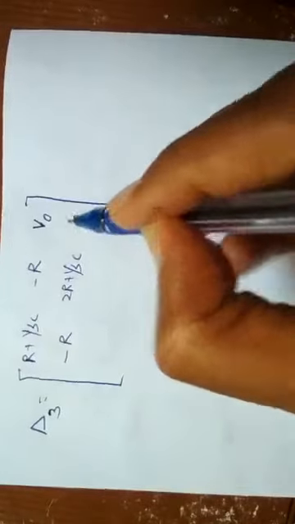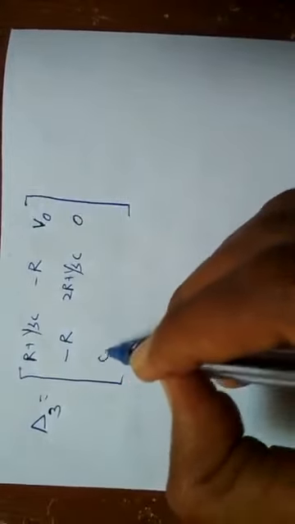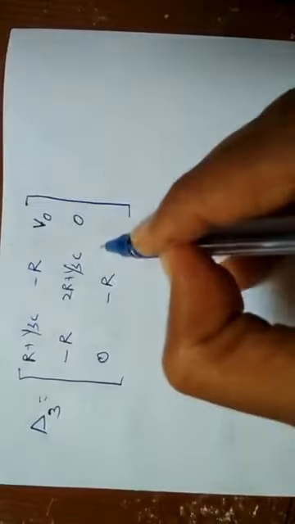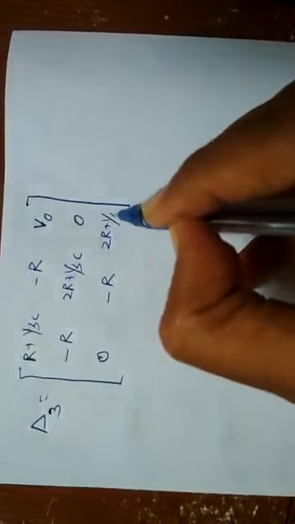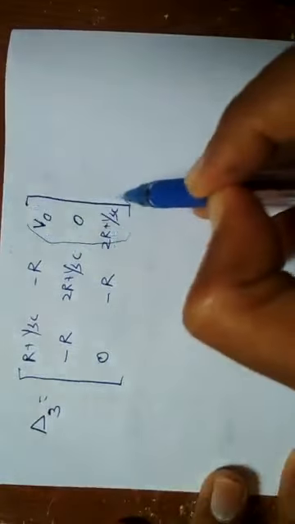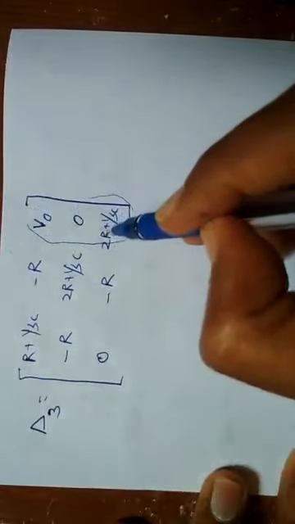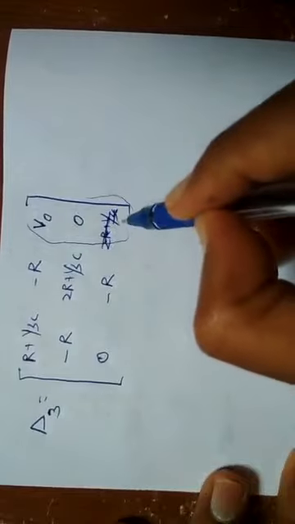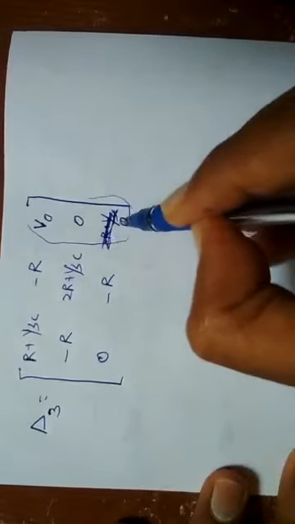Here the potential value is 0, and 0, minus R, 2R plus 1 by SC. So the third column, sorry, this one will not be 2R by SC, it will be 0. It will be only 0.